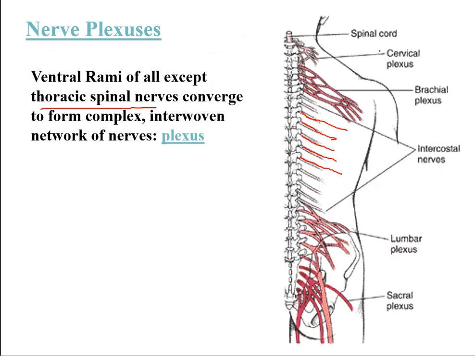In the rest of the spinal cord, the ventral rami are going to form something that's called a plexus. And a plexus is this complex interwoven network of nerves. So essentially a ventral ramus from this spinal nerve, a ventral ramus from this spinal nerve, they're going to come together and then they'll split apart, right?